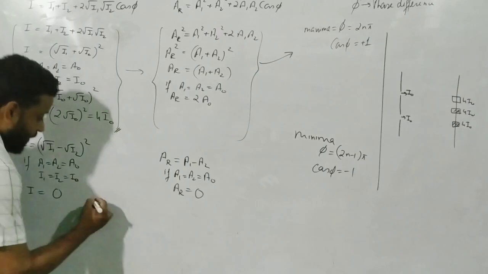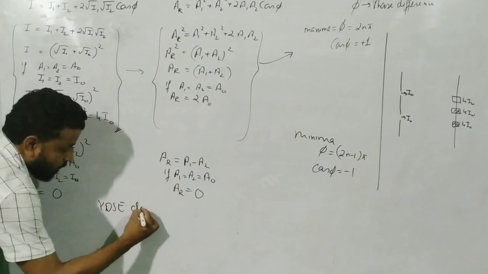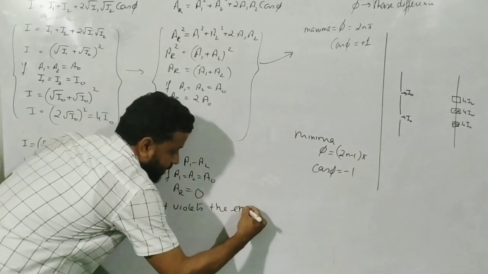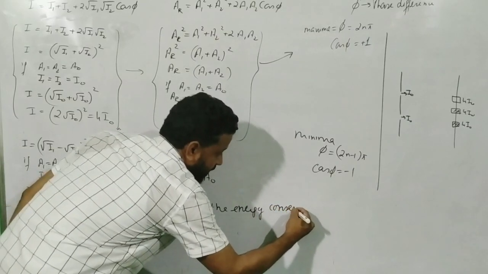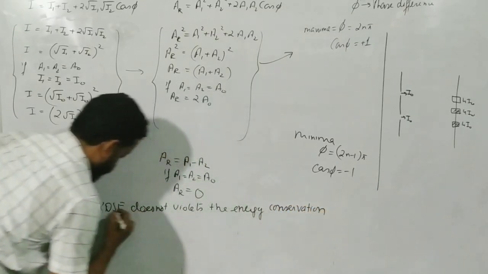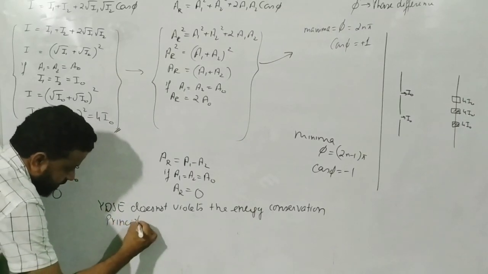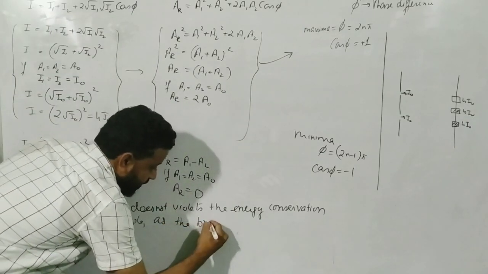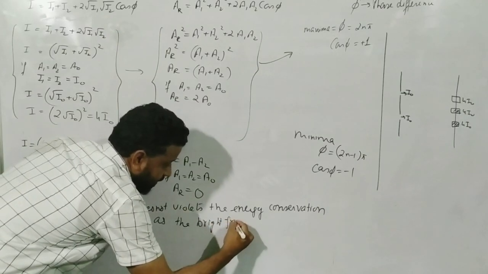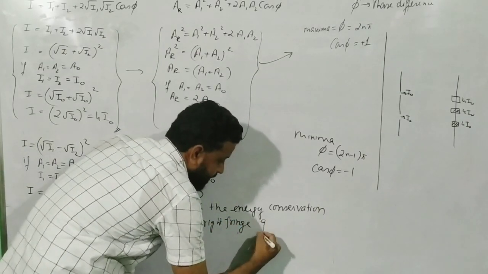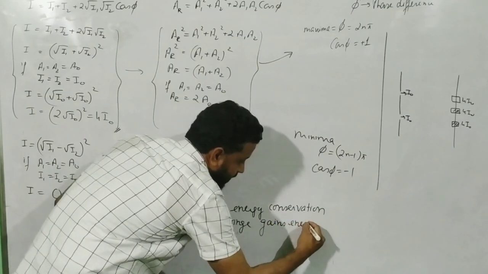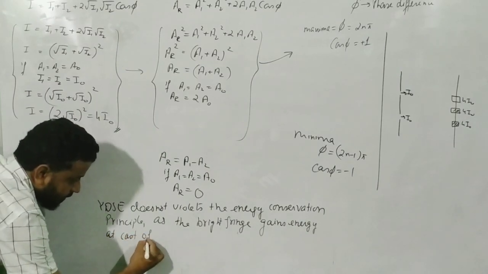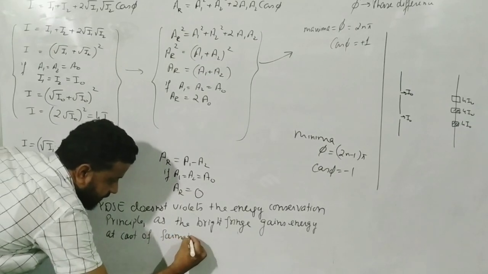So what will you write? YDSE does not violate the energy conservation principle, as the bright fringe gains energy at the cost of the formation of the dark fringe.